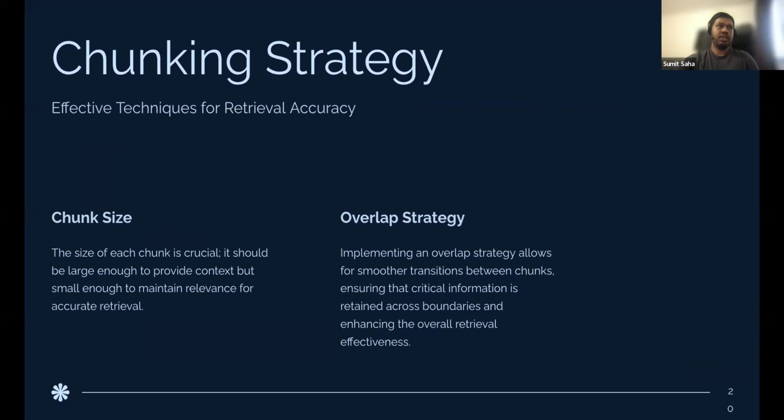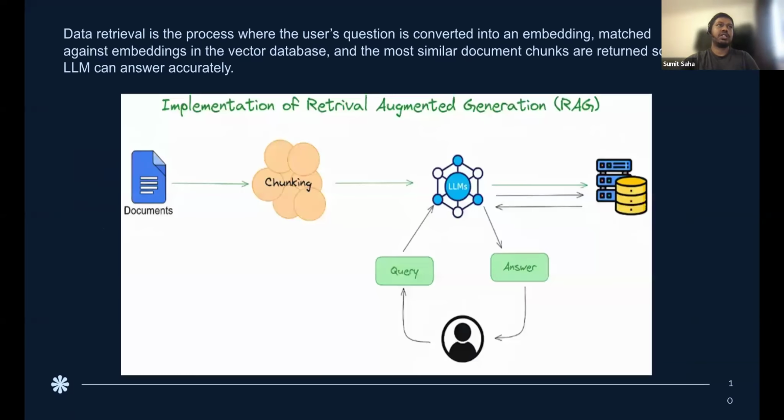Now we will go to the process called data retrieval. This is the process where the user asks a question to the RAG system, and it gives us the response using the previous documents, using the knowledge it also gets from the documents.